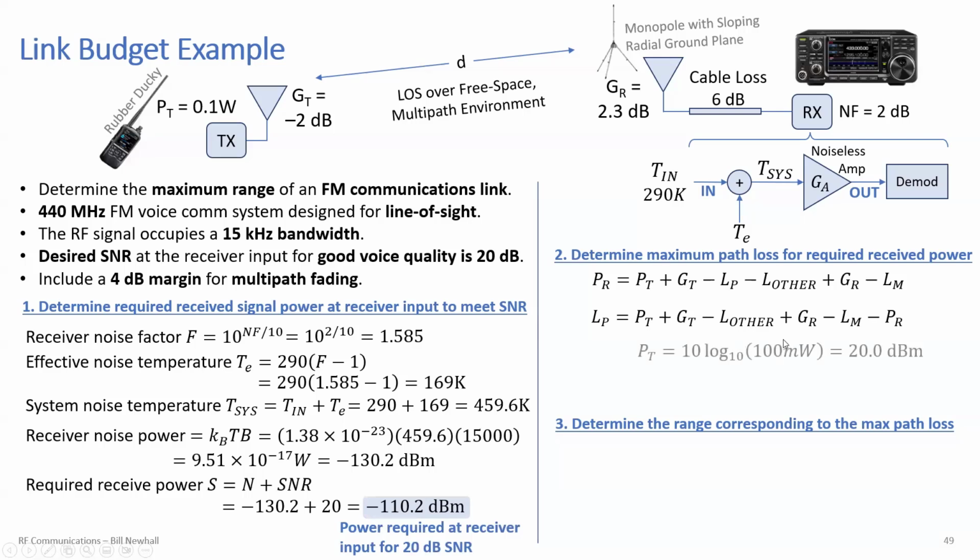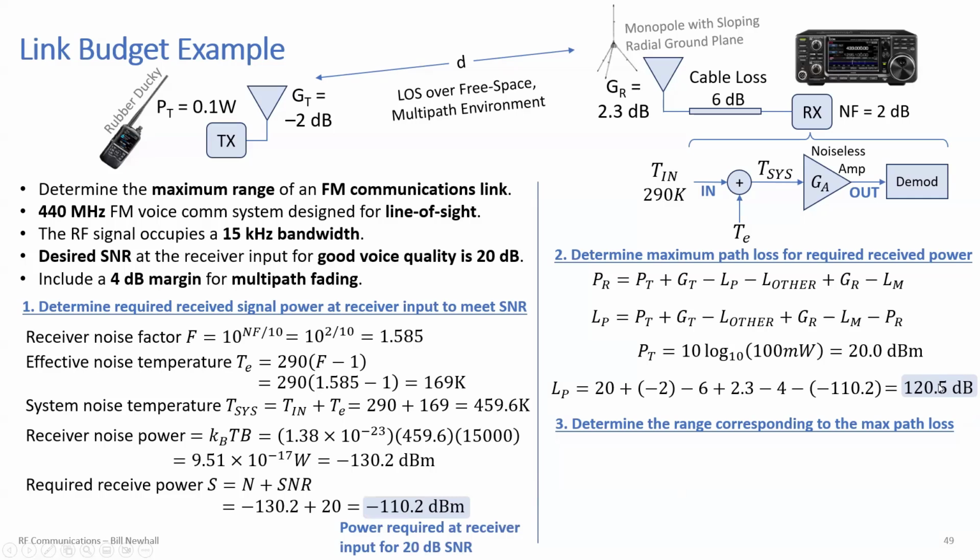I'm going to convert the transmit power to dBm. I have 100 milliwatts transmit power, 0.1 watts. That's 20 dBm. And then I can calculate the path loss based on the other numbers given in this example. And so I have 120.5 dB path loss that is allowed for me to have minus 110.2 dBm at the receiver.